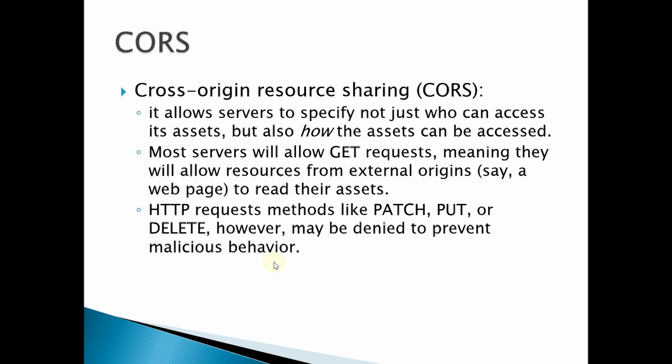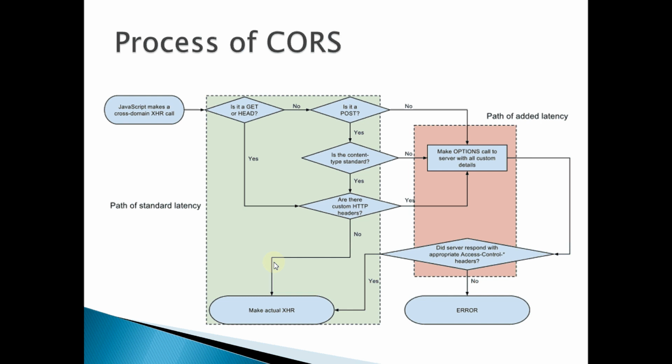So CORS is the major work we can do. What is the process of CORS? If a request comes into the system and it is HEAD or GET, it will go directly and access the resource, check the options, and provide the response. If it is not GET, but POST or DELETE, it will check further against the options.